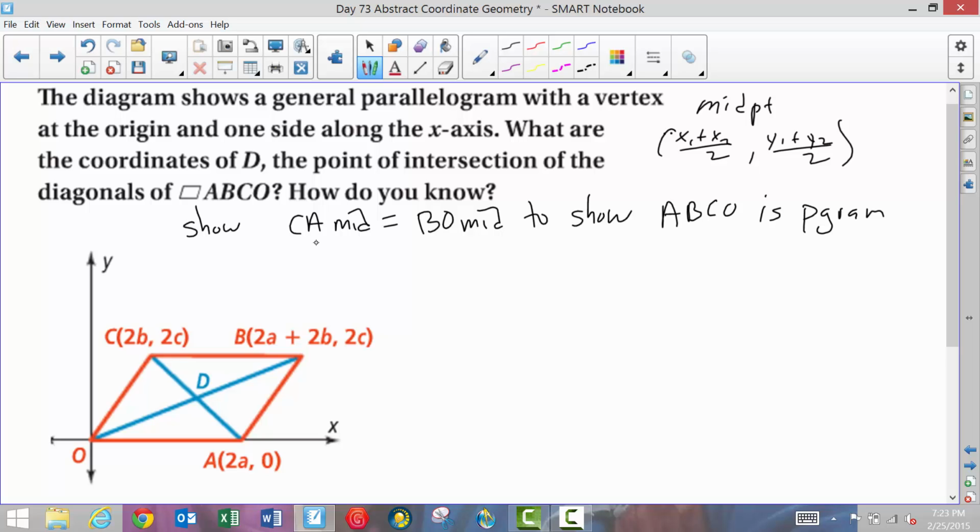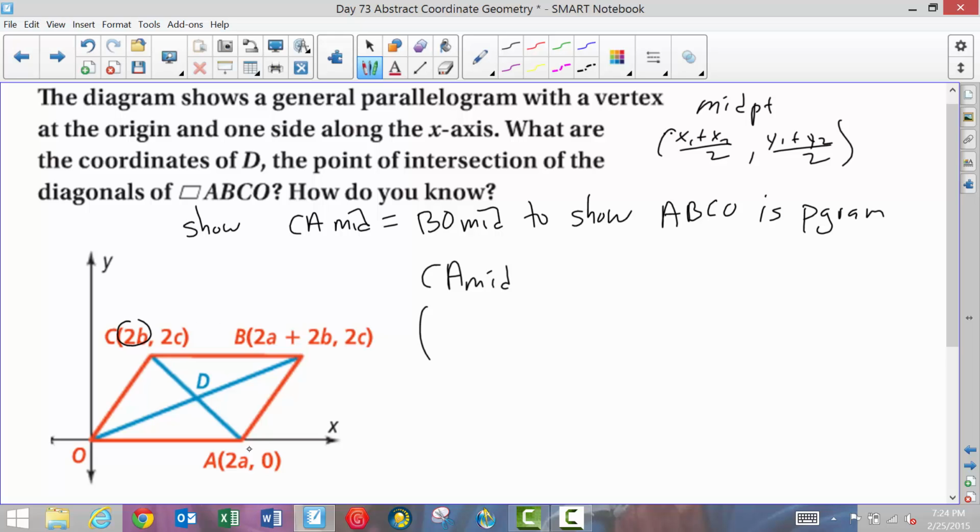Well, let's do the CA midpoint. I have to show that it's the same as the BO midpoint. The reason why I'm doing that is so I can show that this is indeed a parallelogram. If the midpoints are the same in a parallelogram, it shows that the diagonals bisect each other. So the CA midpoint is, add up my x values.